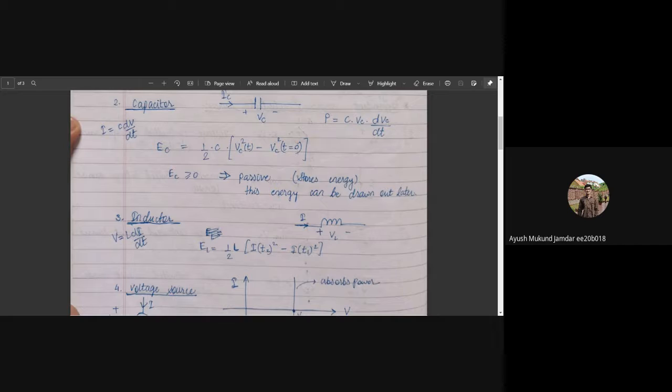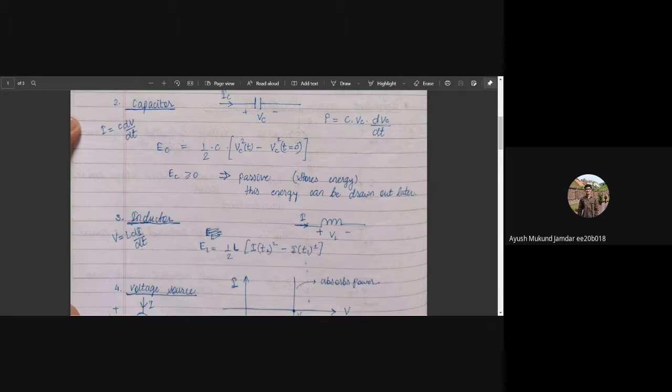So when current across the inductor increases, di by dt will be positive. Since the inductor will try to oppose a change in its flux, which is L times I, it should try to act like a battery in the opposite direction, so as to stop the change in current.